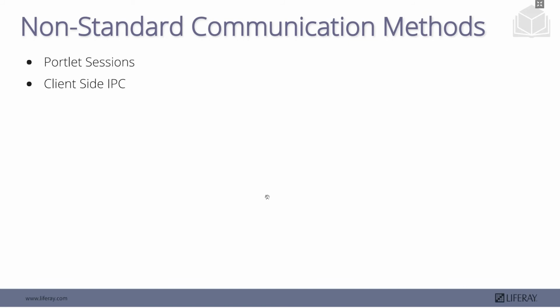Now, there's a couple of other ways in which we can go through inter-portlet communication. These are non-standard ways, so we don't really talk about them all too much. But if you are interested, the web does have more details, but we at Liferay don't necessarily use these. More of an FYI.